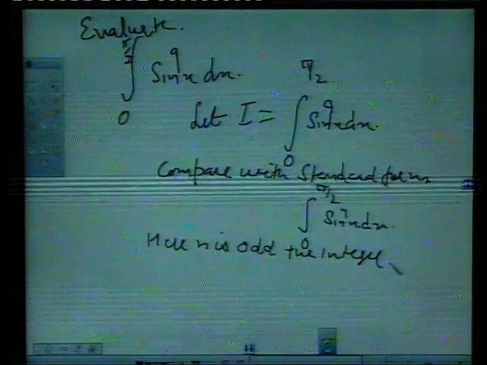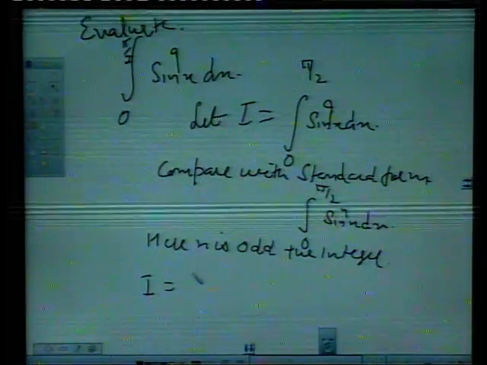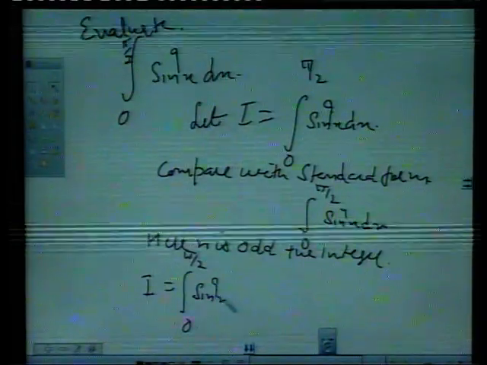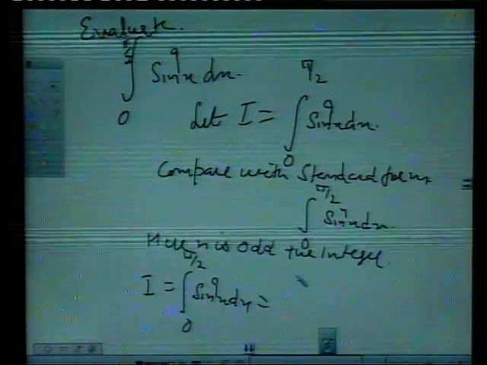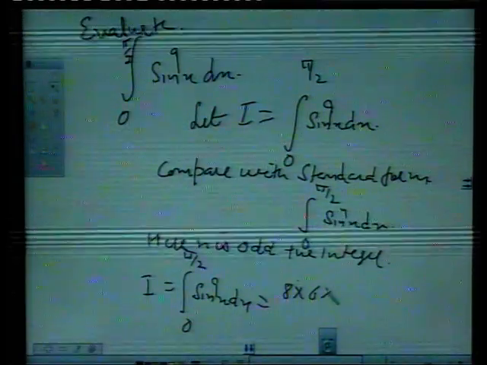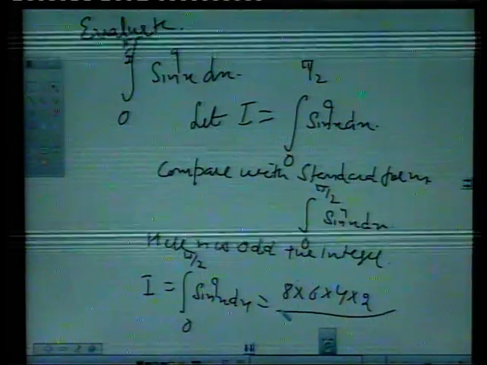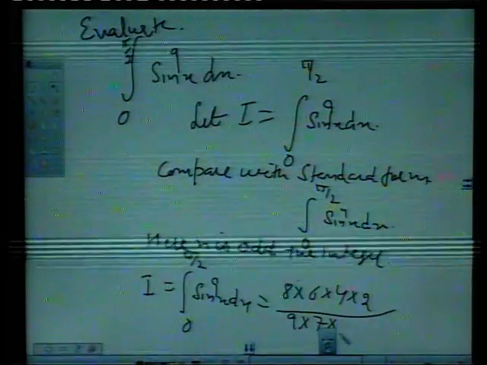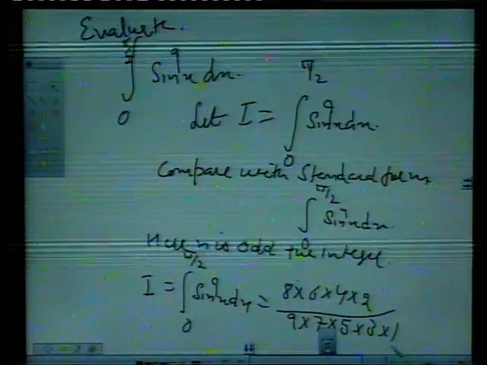Therefore, your integration is n minus 1, that is 8, and going on decreasing by 2: 6, 4, 2, divided by n, which is 9, going on decreasing by 2: 7, 5, 3 and 1.